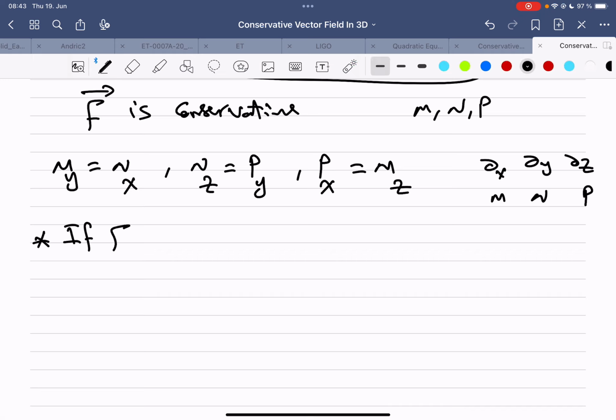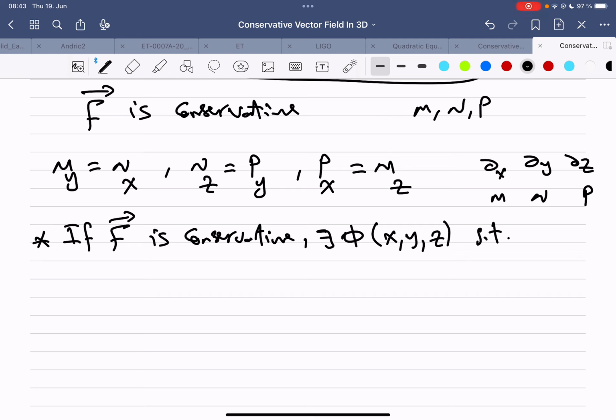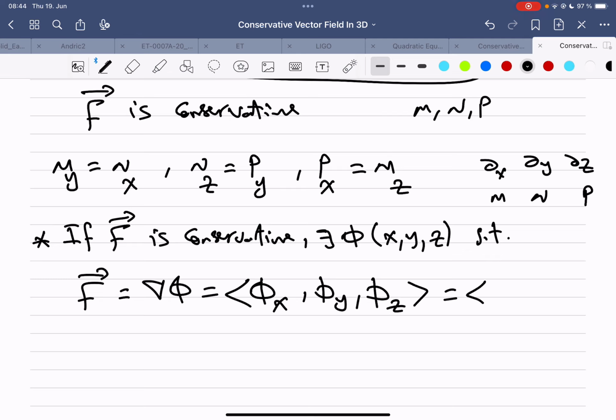If F is conservative, this means there exists phi(x, y, z) such that F equal gradient of phi, which is phi x, phi y, phi z, which is M, N, P. So if F is conservative, we need to find phi, which is called potential function.